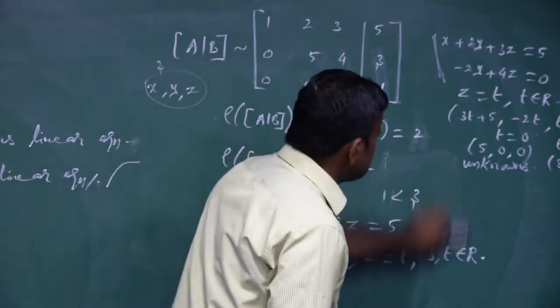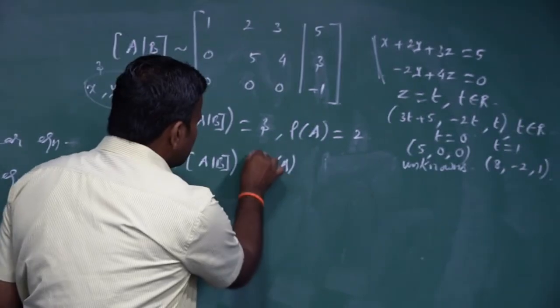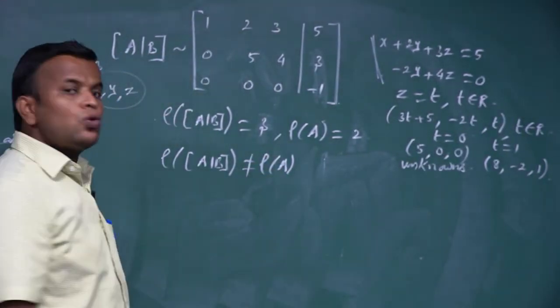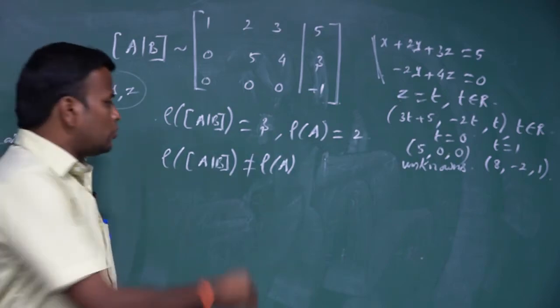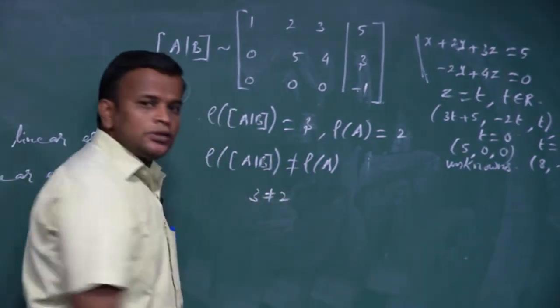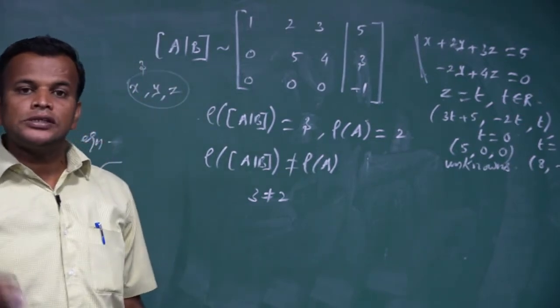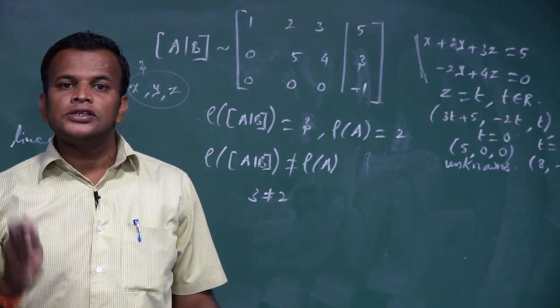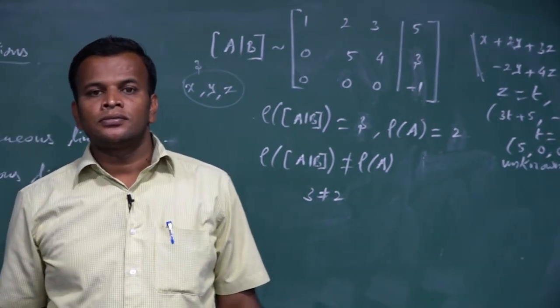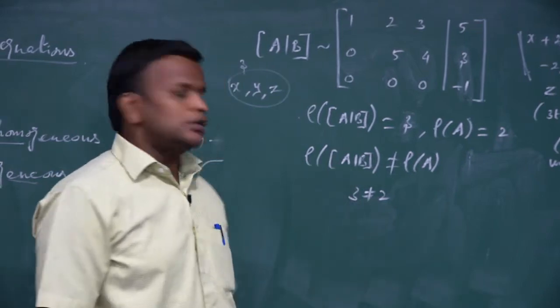So rank of [A|B] is not equal to rank of A. 3 is not equal to 2. So in this case, our given system is inconsistent and the system has no solution. That is, there is no solution to find in this system.